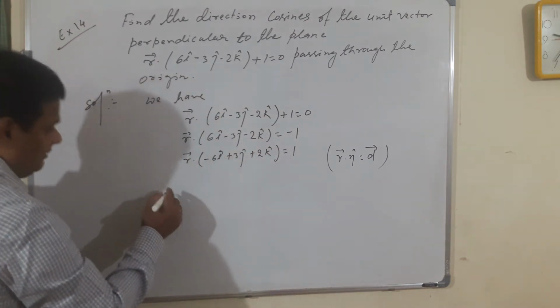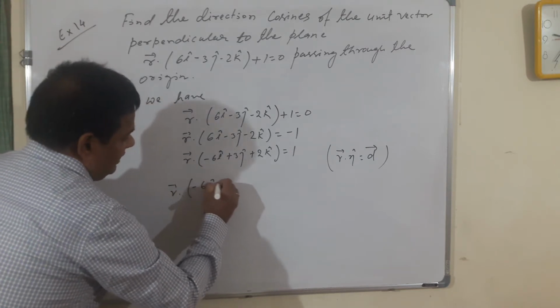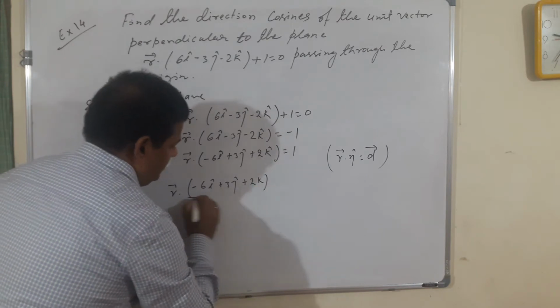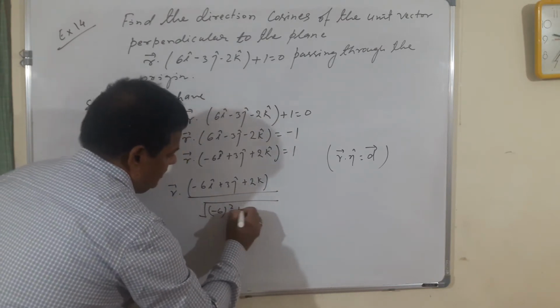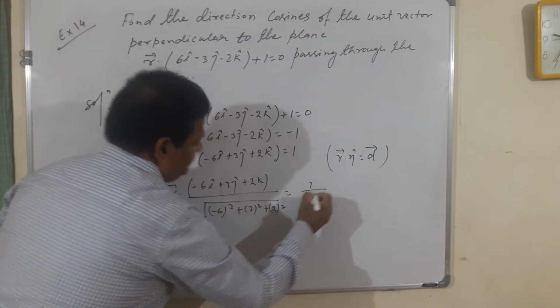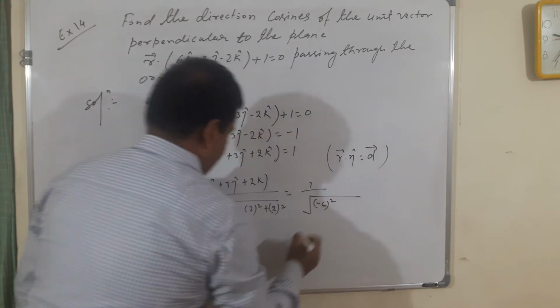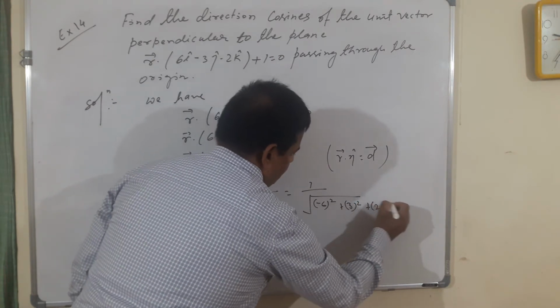So we have to divide both sides by the square root of minus 6 square plus 3 square plus 2 square.